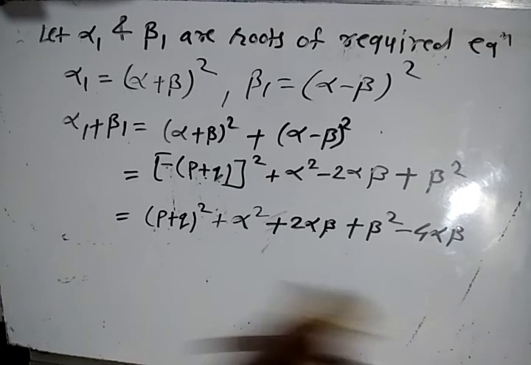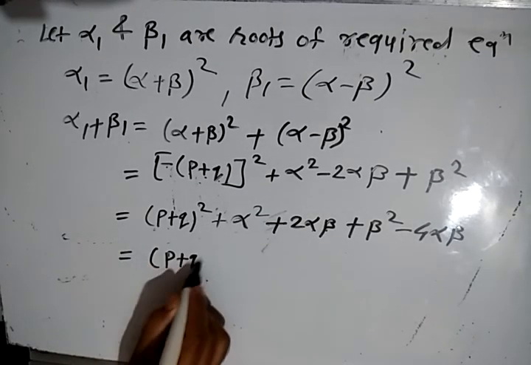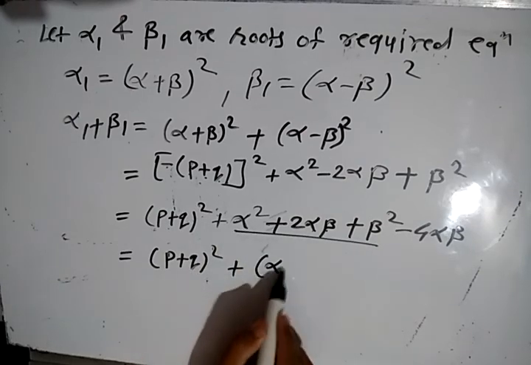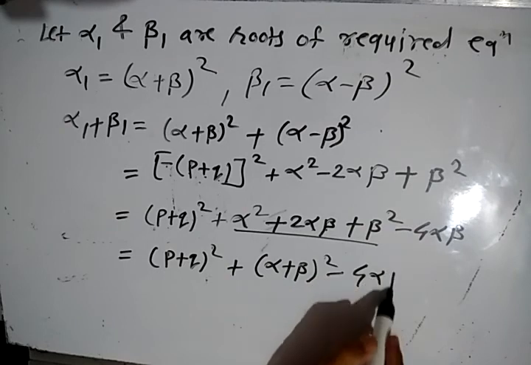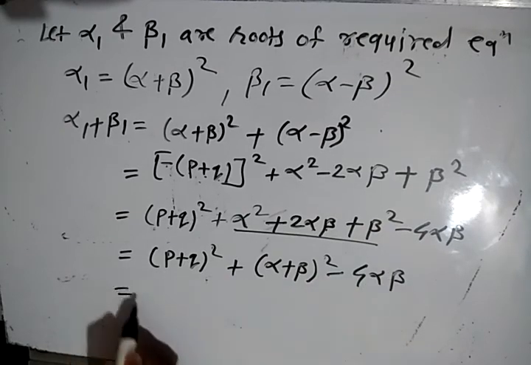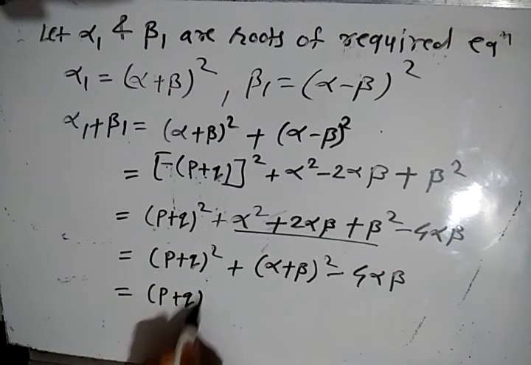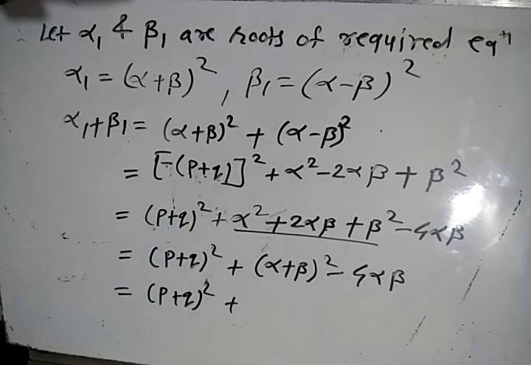And this is the expansion of alpha plus beta whole square, minus 4 alpha beta. Here we know the value of p plus q as it is alpha plus beta. What is the value of alpha plus beta here?